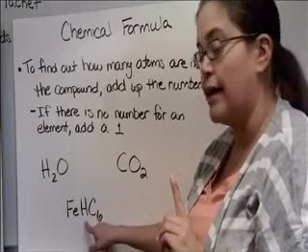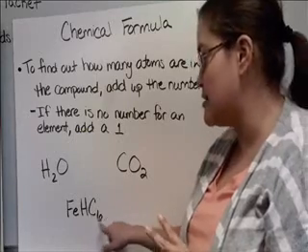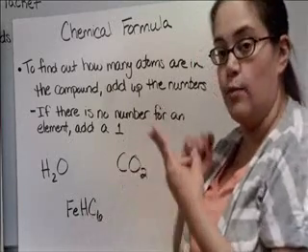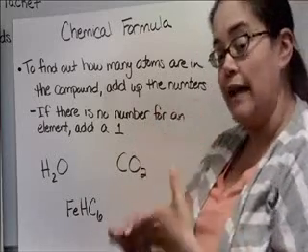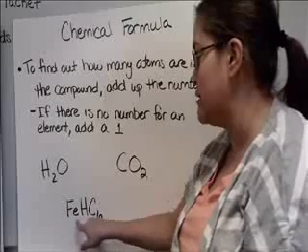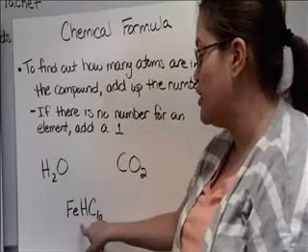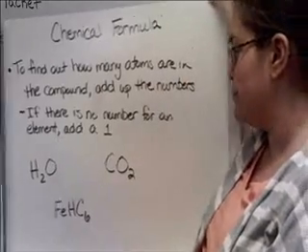There's no number next to hydrogen, so that's 1. And then there's a 6 next to carbon. So that's 6 plus your 1 iron plus your 1 hydrogen, so 8 total. So to know how many types of elements are in it, you count the capital letters. And then to know how many total atoms there are, you count the little numbers. If there's no number, you add a 1.